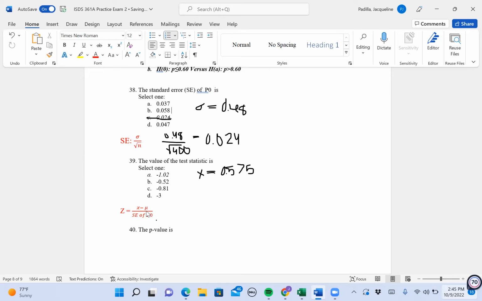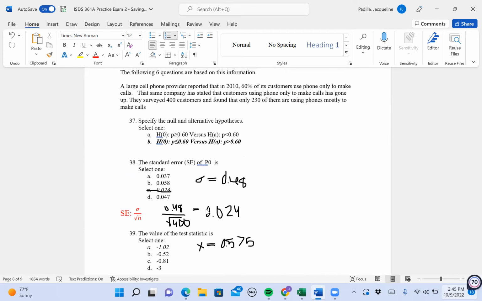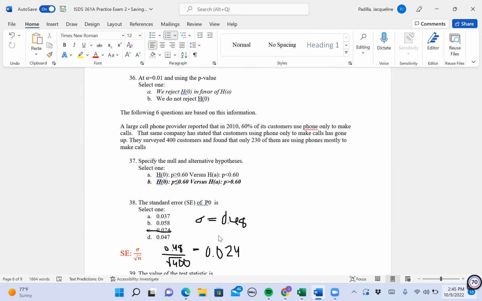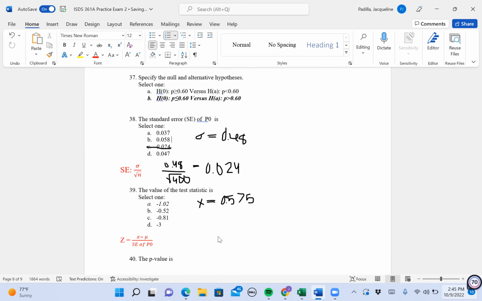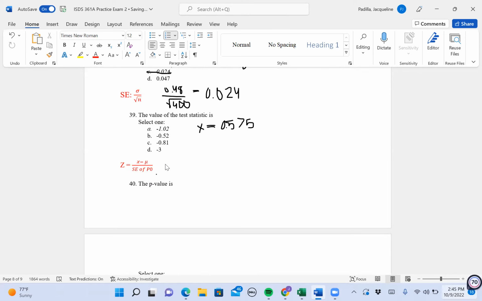And then we're going to subtract that by this value. So this value would actually be the 0.6 that we had gotten. So 60%, so 0.6. So we're just going to subtract 0.575 minus the 0.6.